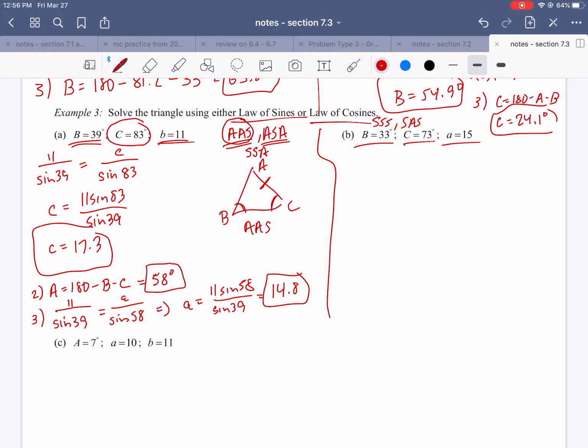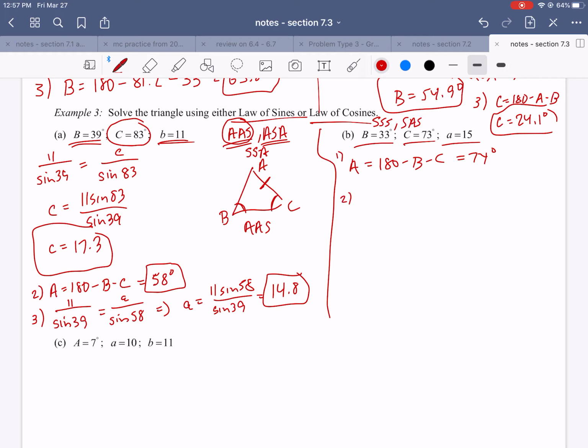The first thing I'm going to have to do is find angle capital A so that I can get a ratio. So capital A is going to equal 180, subtract the other two angles. And so when I do that, what I'm going to get is 74 degrees. And so now I have a ratio. So that was step 1.